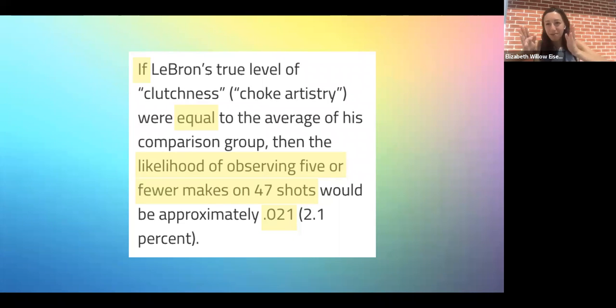You have your distribution, and you're looking at the tail on the left side because you want to know less than. So you look at what proportion is in that tail, less than the sample statistic, which is 5 out of 47. 5 divided by 47, whatever proportion that is. And so they calculated that that was equal to 0.021, or in other words, 2.1%. And that's the p-value. 0.021 is the p-value. So that area under the curve to the left tells you your p-value.